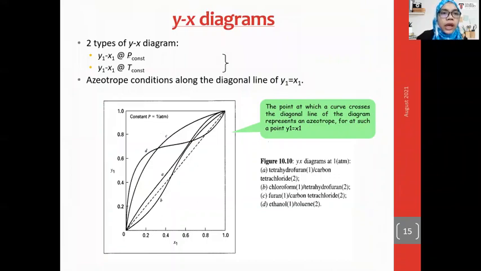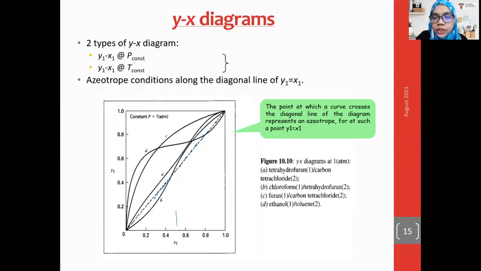So we have the XY diagram, with two types: at constant pressure and at constant temperature. We have the azeotrope condition along the diagonal line of y equal to x. You can see the diagonal line here, where we have the same composition of y and x.